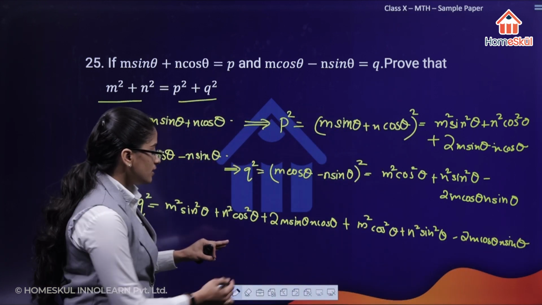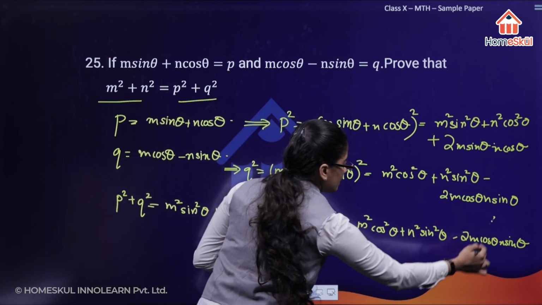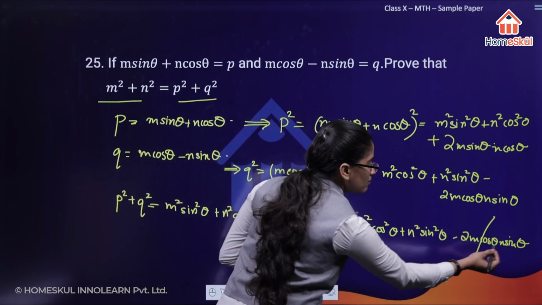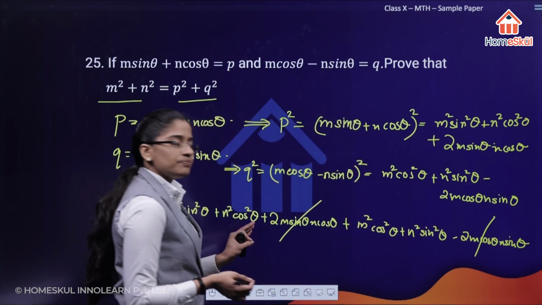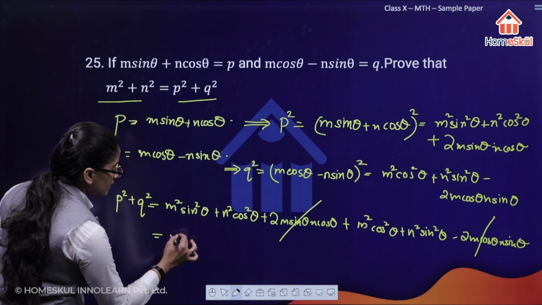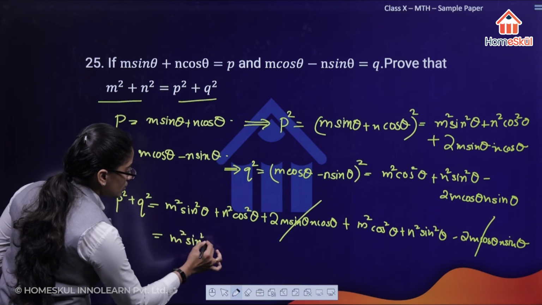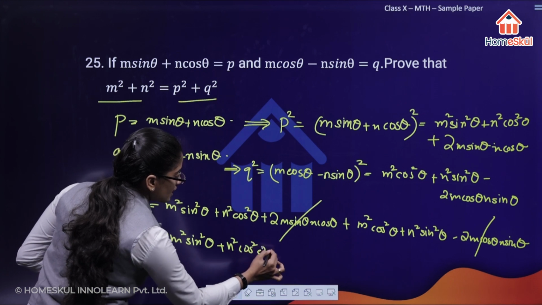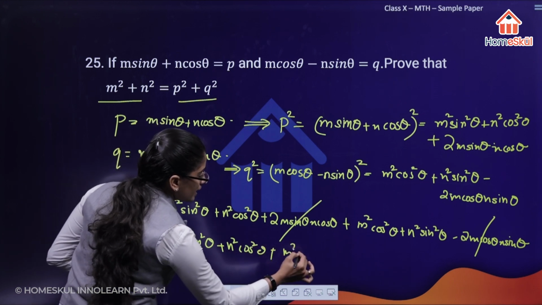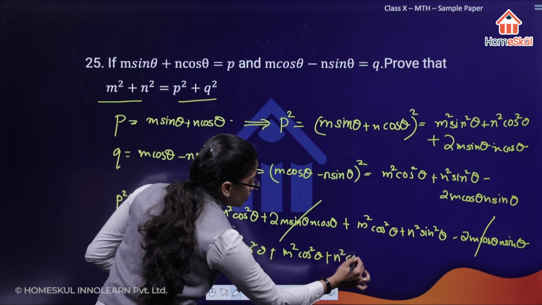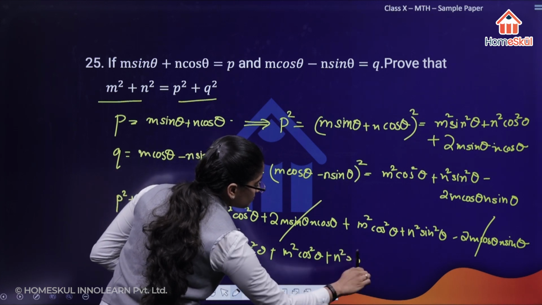So, here these two values are same, isn't it? 2mn sin theta cos theta. Here also 2mn sin theta cos theta. So, it will be eliminated, which means we will be getting m square sin square theta plus n square cos square theta plus m square cos square theta plus n square sin square theta.